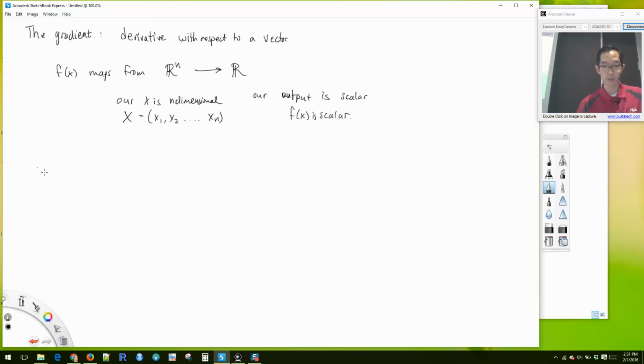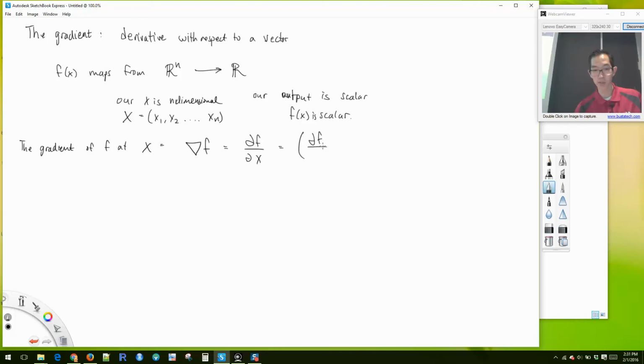All right, so we define the gradient of f at x. This is our symbol for the gradient of f. It's basically the partial derivative of the function with respect to each term in x.